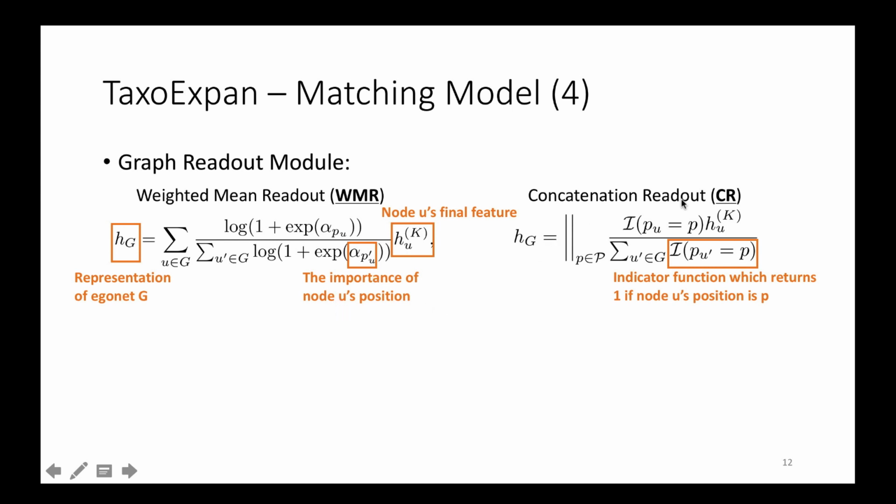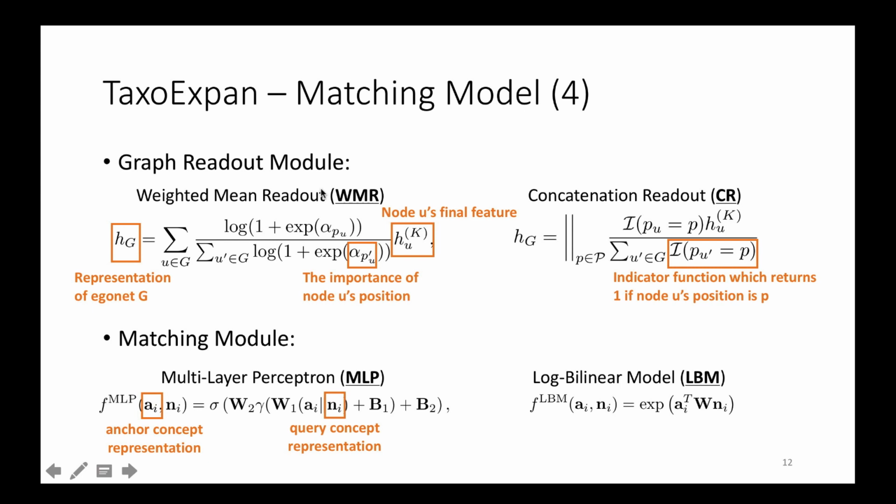The second readout method is the concatenation readout, which first averages the embeddings of nodes that have the same positions, and then concatenates those averaged node vectors into the final graph representation.